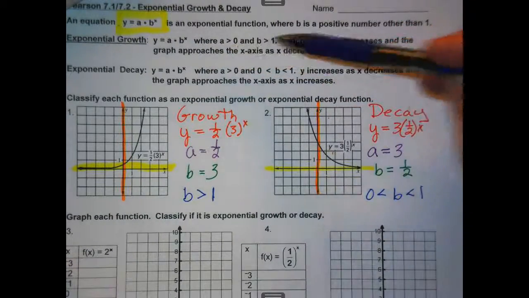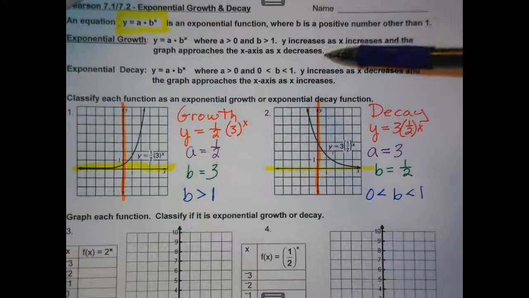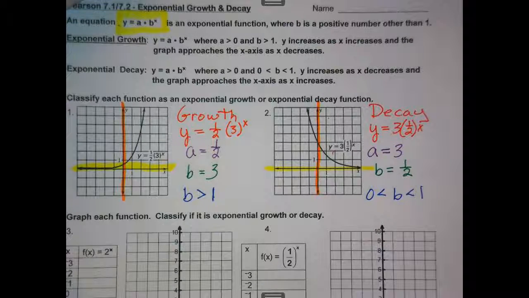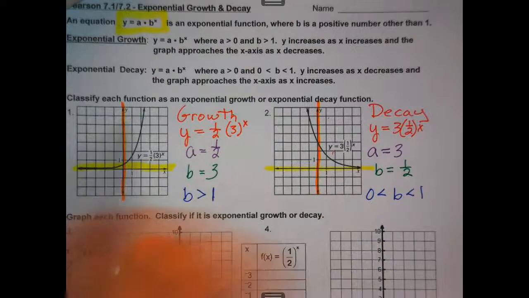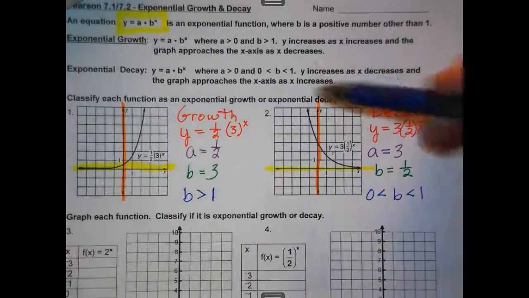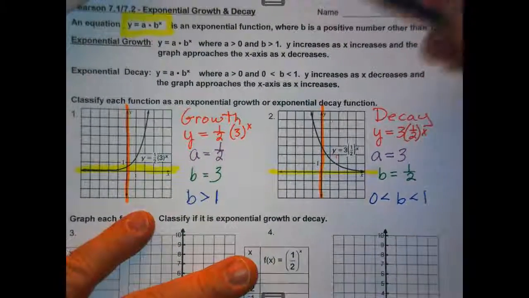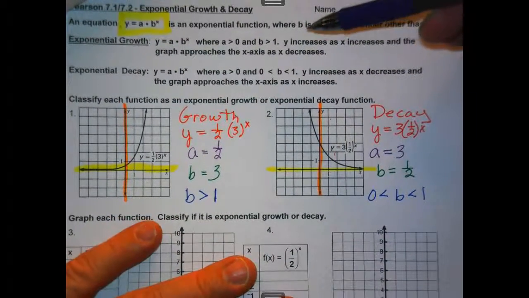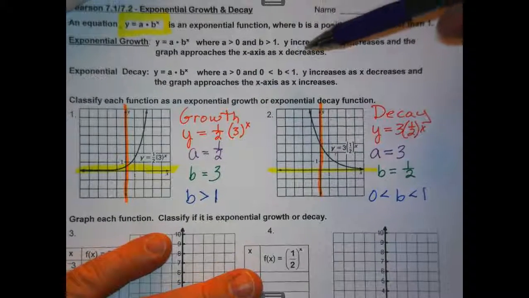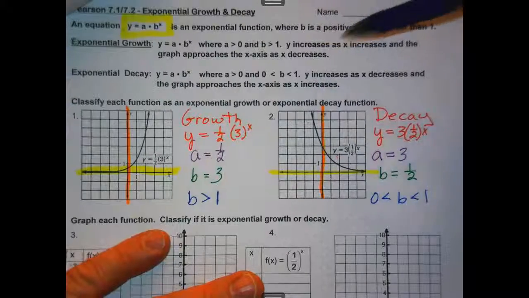Where a is greater than 1 and b is greater than 1, this is end behavior. Yes, ma'am. Yeah, if you read it left to right, one's going up. That's growth. Decay is going down. Okay. All right. So we're going to be using our end behavior here as y increases.